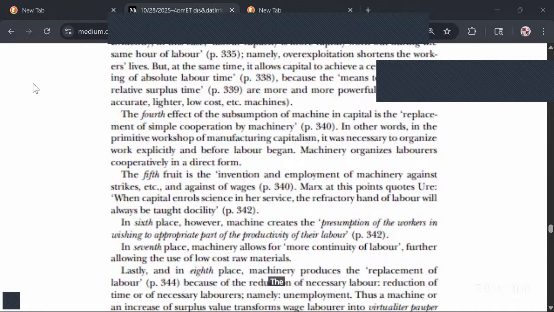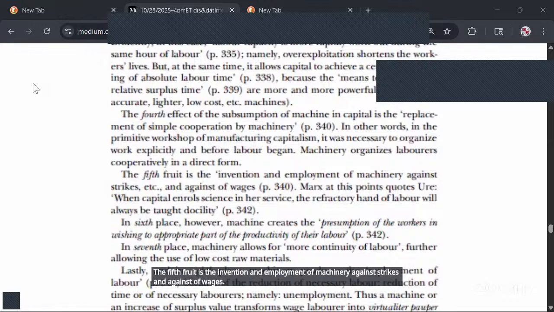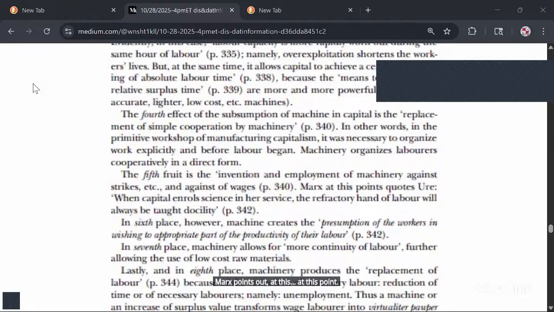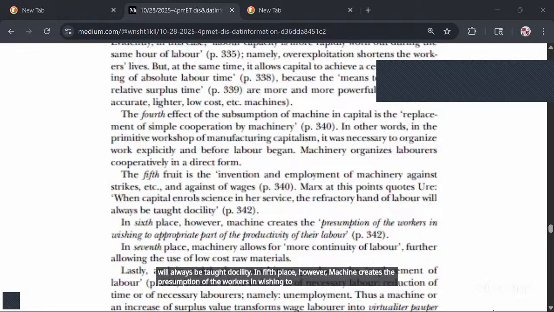The fifth fruit is the invention and employment of machinery against strikes and against increases of wages. Marx points out at this point, quotes Ure, U-R-E, Ure, when capital enrolls science in her service, the refractory hand of labor will always be taught docility. In fifth place, however, machine creates the presumption of the workers in wishing to appropriate part of the productivity of their labor.